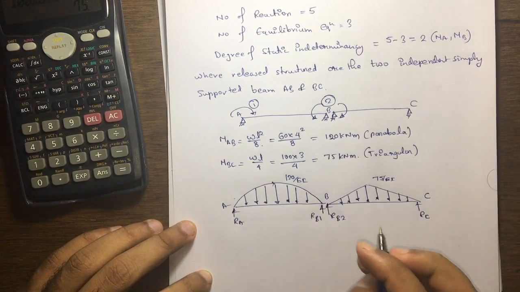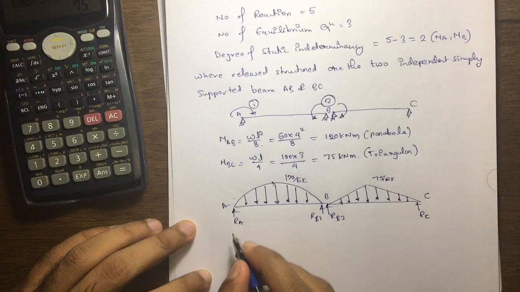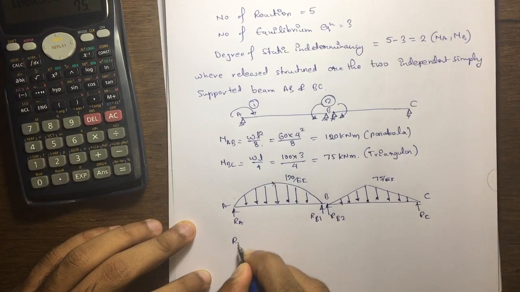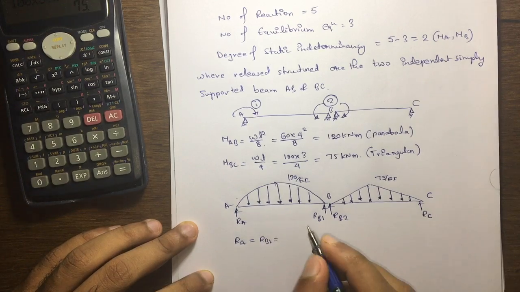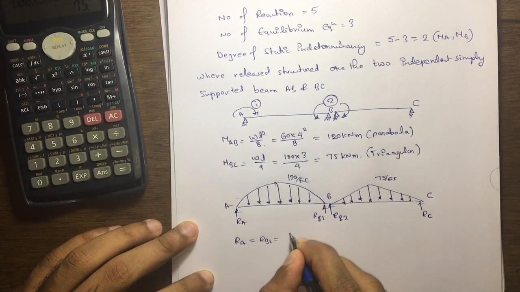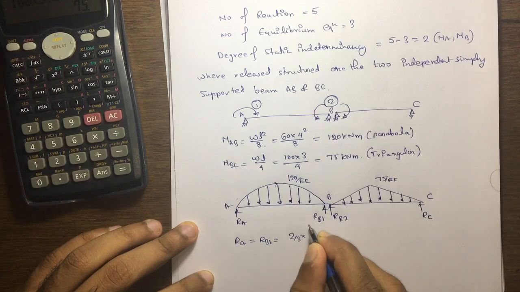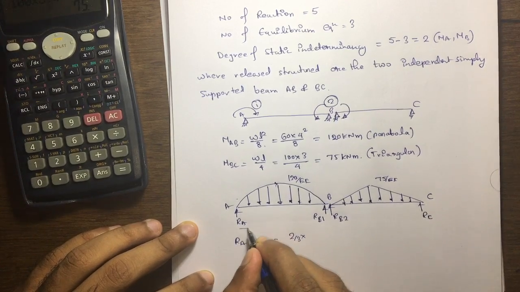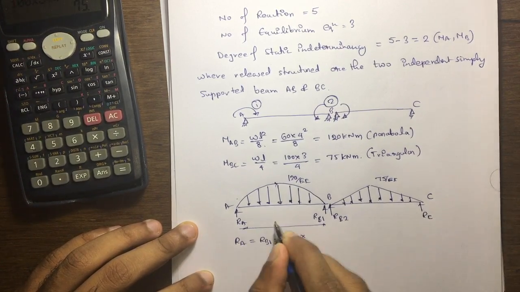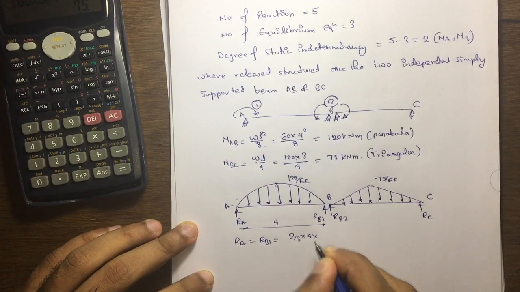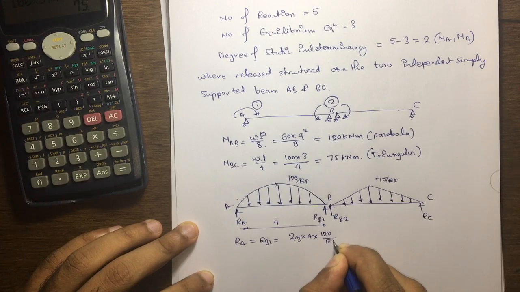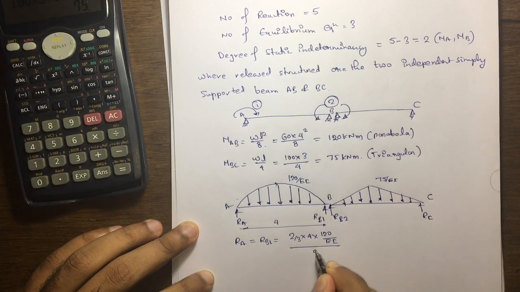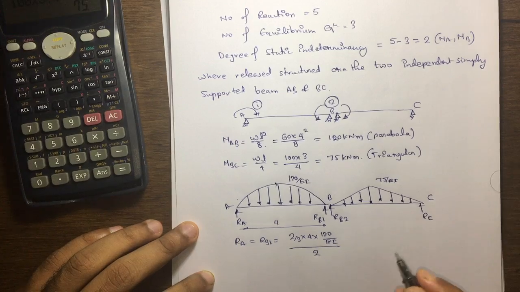Therefore, RA is equal to RB1, which is equal to the area of the parabola, that is 2/3 of the base length of the beam, that is 4 meter, into height, that is 120 divided by EI, entire value divided by 2.